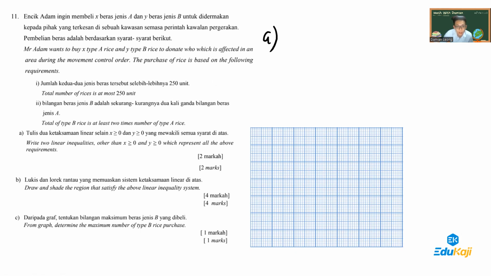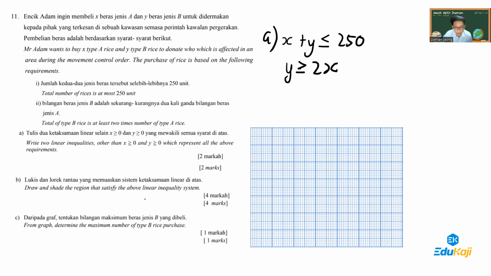Total number of rice means x plus y, so x plus y must be less or equal to 250. Cannot be more than that. Then the total number of B type rice, y, is at least 2 times the A rice, so y is more or equals to 2x. Yeah, these are the two inequalities.